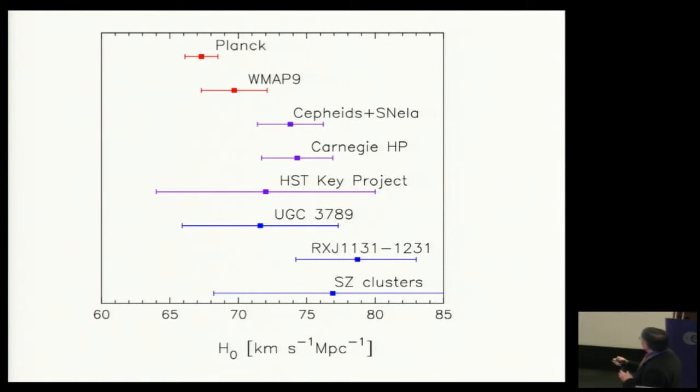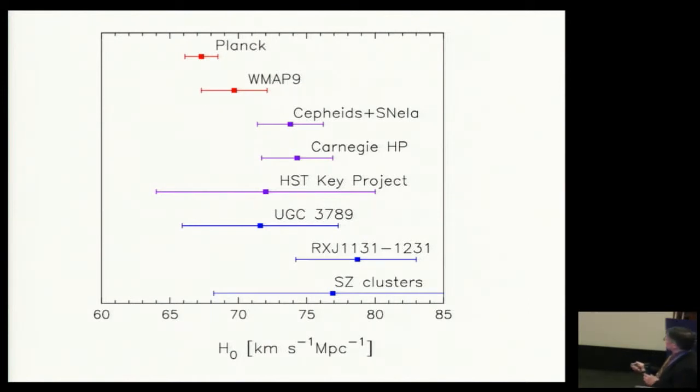Okay, now that's direct measurements of H0. There are also geometrical measurements. This is a megamaser distance measurement to this galaxy UGC 3789. So this measurement here uses NGC 4258 as a megamaser first rung calibrator.